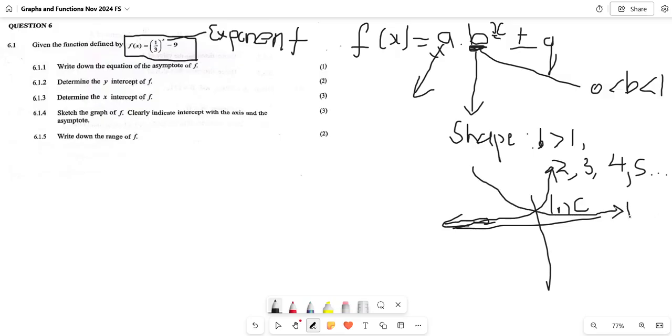Therefore, this is called a decreasing exponential curve. If the value of b is greater than 1, then we are going to have an exponential curve that is going upwards. That is all about b.